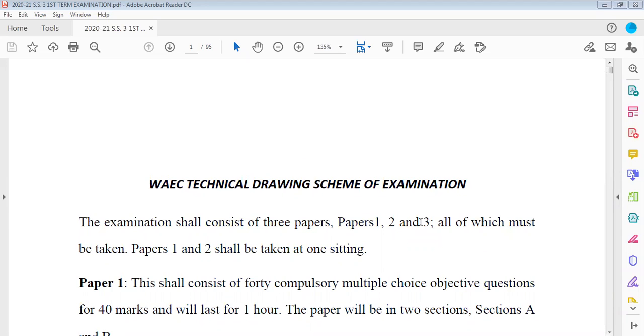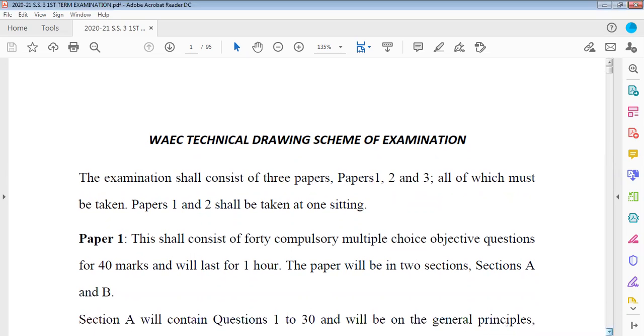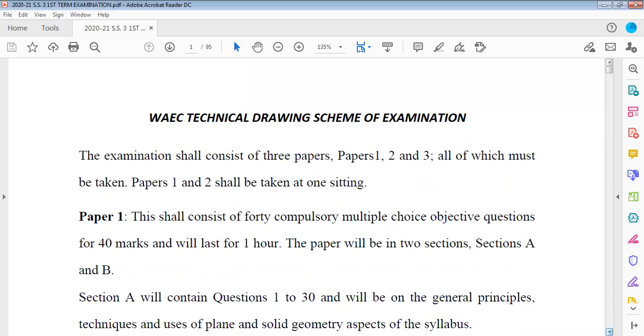Tonight, I want us to look at something very important that has a lot to do with technical drawing.